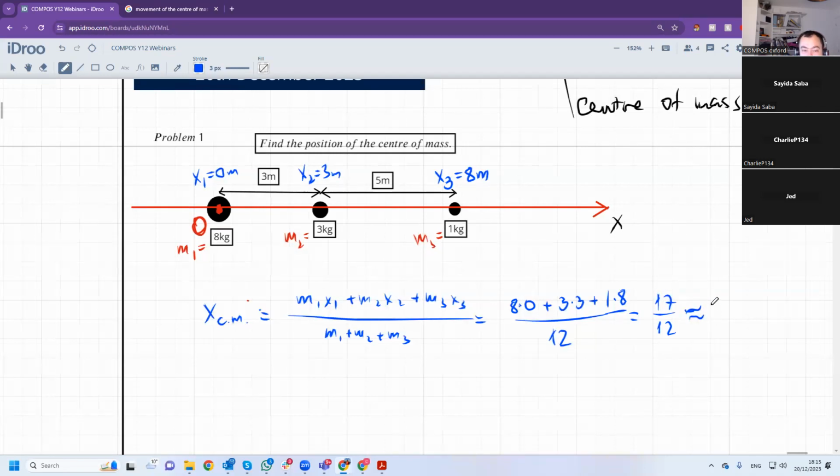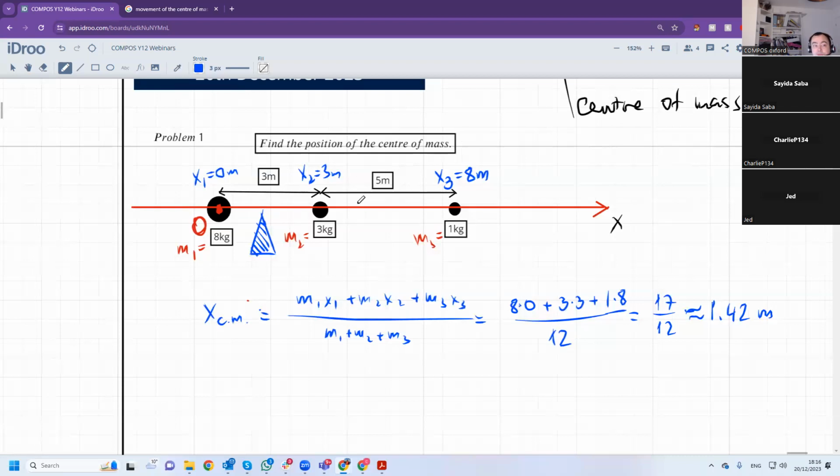So it's approximately 1.42 meters. So it's somewhere here, if 3 meters is here. If you place a pivot at this point, the system would balance.